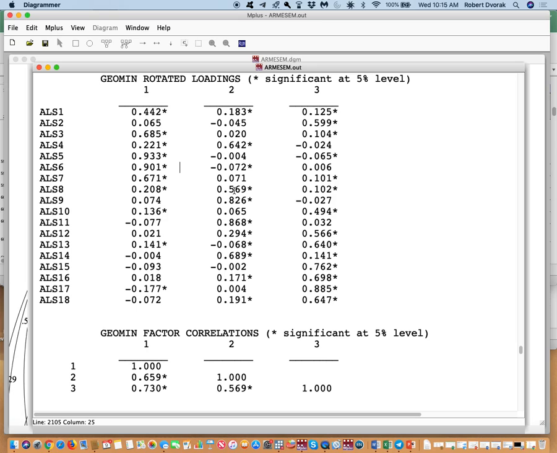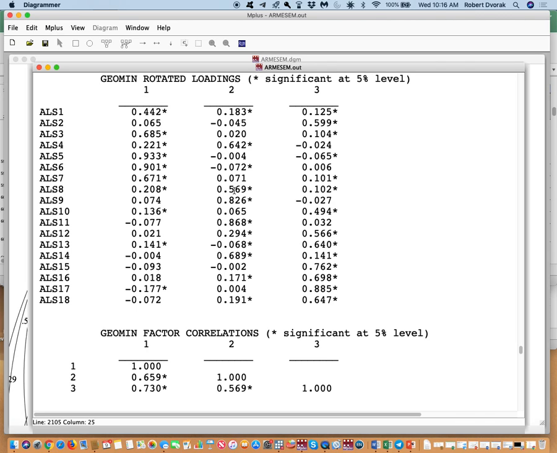Now we have some items that actually, like item 4, right? It doesn't load the highest on 2, and it also has a pretty high cross-loading on 4. We have another item down below, item 8, which has a pretty high cross-loading on 1 and a primary loading on 2.